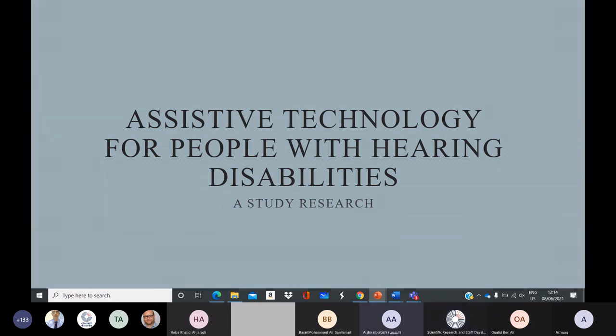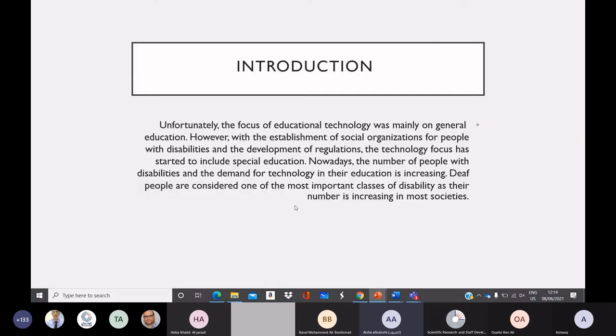Assistive technology for people with hearing disabilities. Unfortunately, the focus of educational technology was mainly on general education.